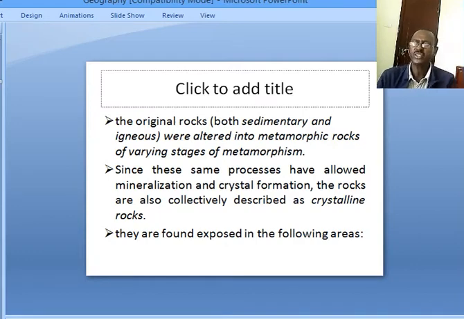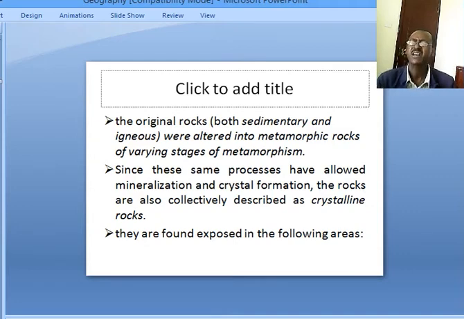We have first these sedimentary rocks, formed by the settling down of sediments, and also igneous rocks, formed from high heat. And finally, these rocks, after many years, will start to harden and form metamorphic rock. So metamorphic rocks are rocks that are changed from either sedimentary or igneous rocks.